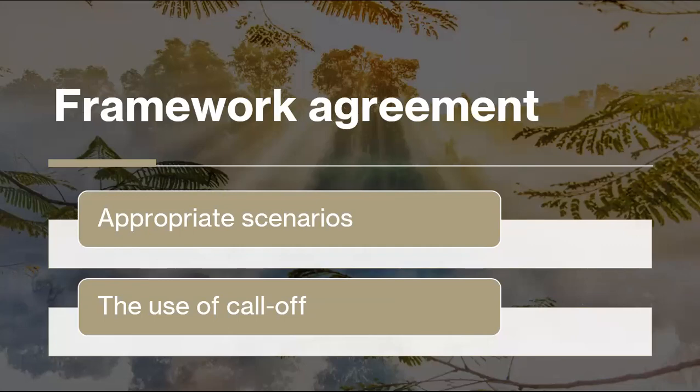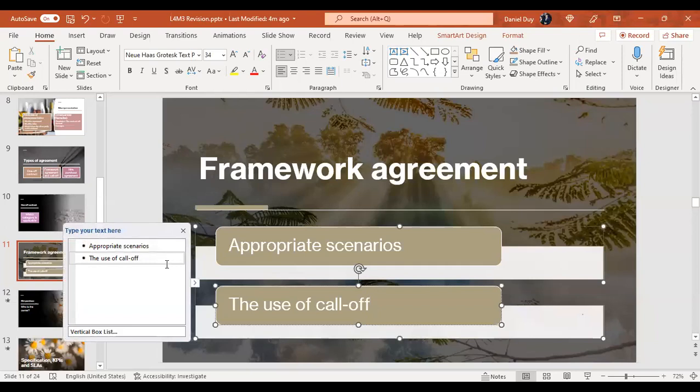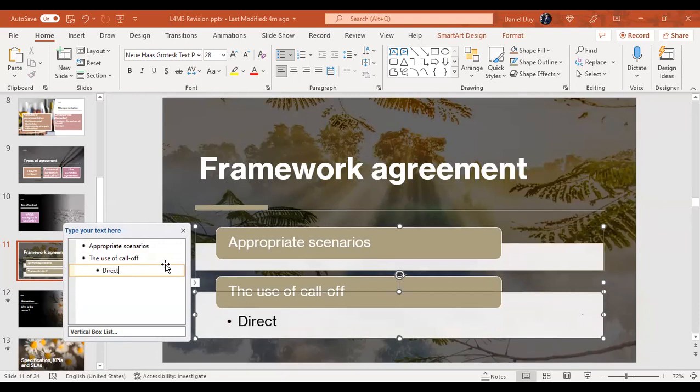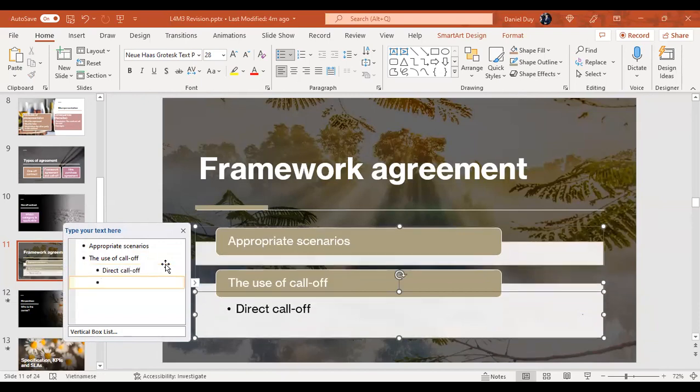Regarding a call-off under framework agreement, we have two types. The first one is direct call-off, and the second one is mini competition.